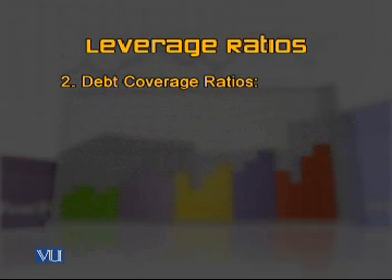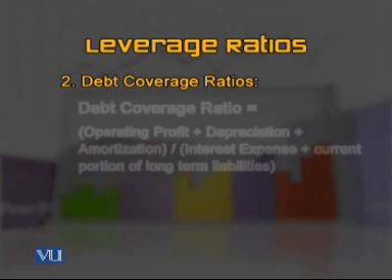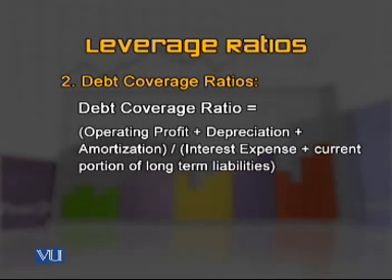Now we talked about debt. First we talked about interest coverage ratio. Now we talked about debt coverage ratio. In a debt coverage ratio, we talk about operating profits, depreciation, and amortization. These three are divided by interest expense plus the current portion of long-term liabilities.